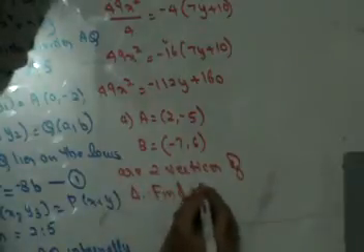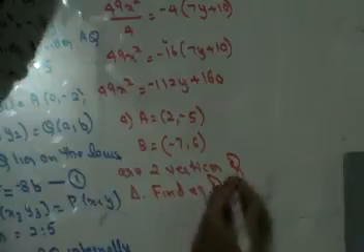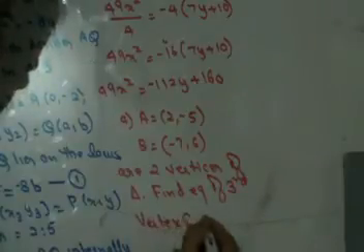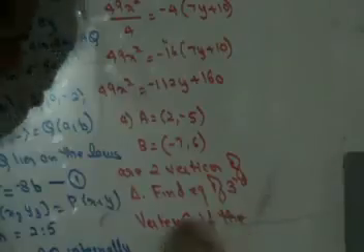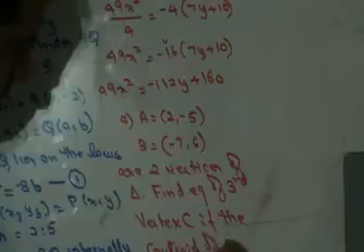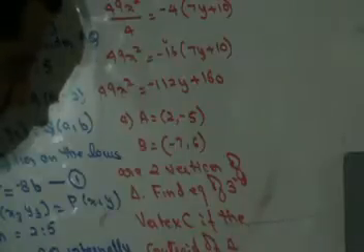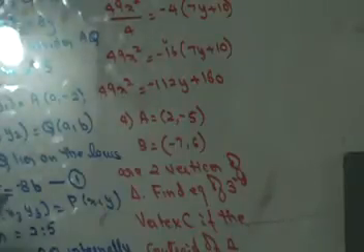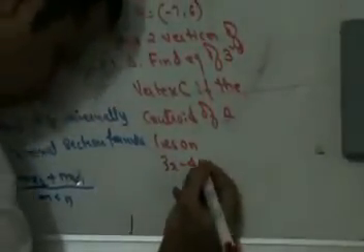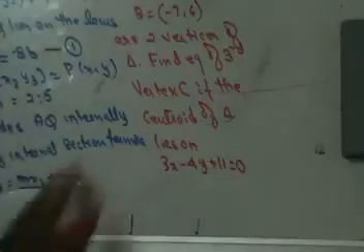Find the third vertex C if the centroid of the triangle lies on 3x minus 4y plus 11 is equal to 0.